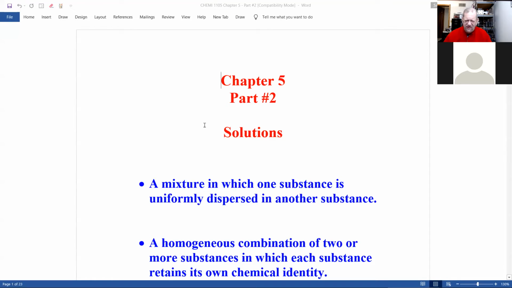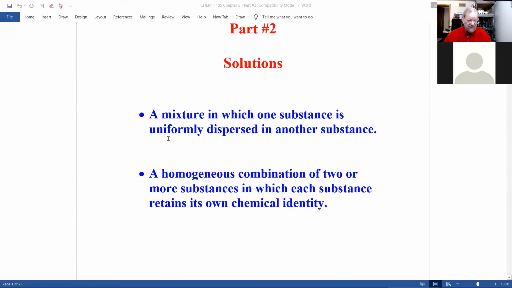All right. Now, what's a solution? Well, good question. There are 2 ways of describing it. One is a mixture in which one substance is uniformly dispersed in another substance.